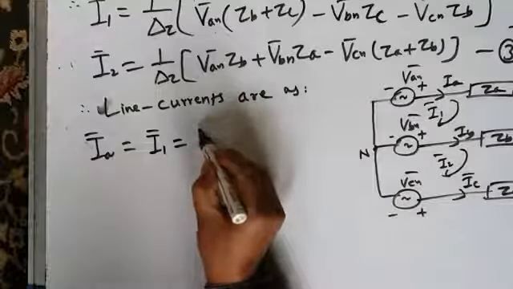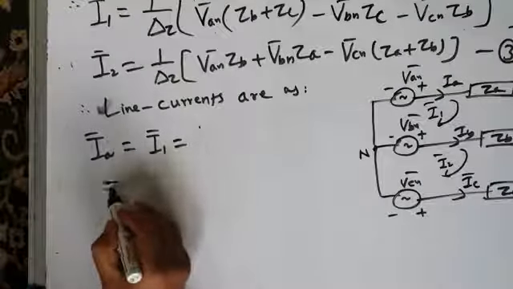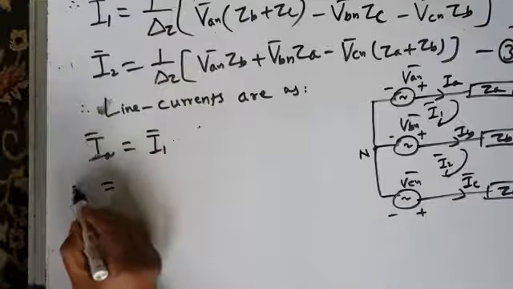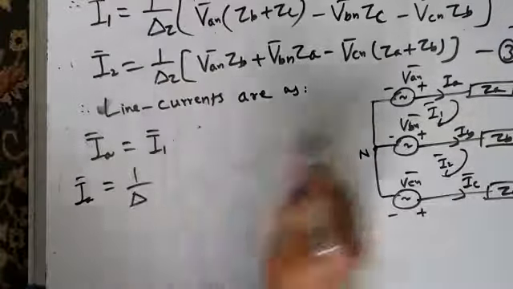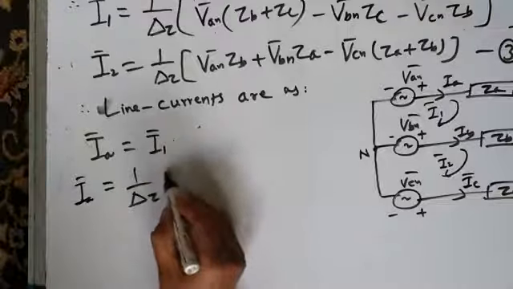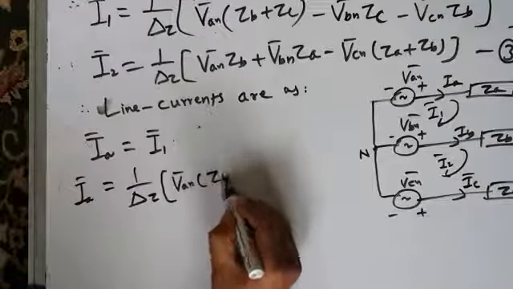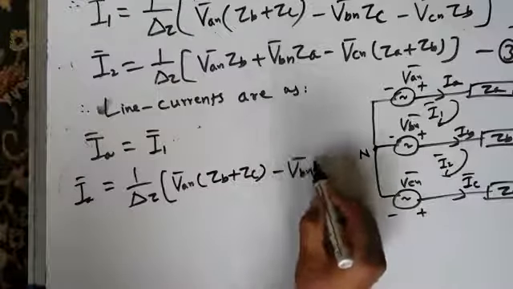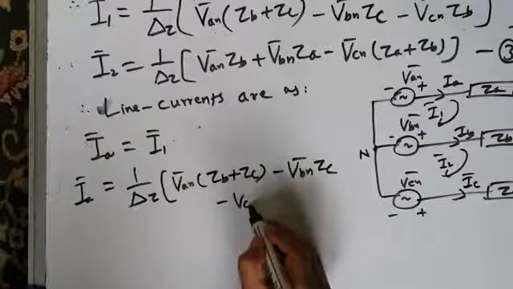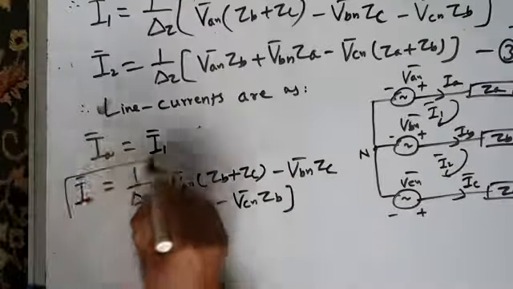So IA is equal to I1, and I1 is given above in equation 2. So 1 by delta Z times VAN into ZB plus ZC minus VBN into ZC minus VCN into ZB. So this is my line current IA.